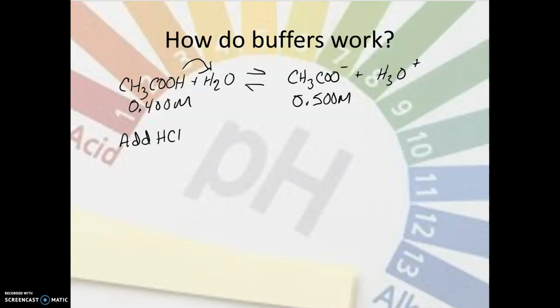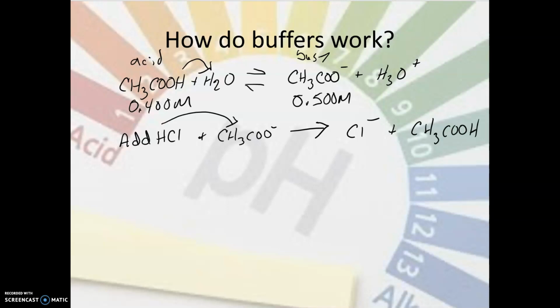So if we add HCl, what we need to realize here is acids react with bases. So we have to be able to identify which is the acid and which is the base. If we add HCl, that is going to react with the base. And look at this, single arrow, strong acid, right? We're going to produce a chloride ion, which is a neutral ion, and we're going to produce our acetic acid.